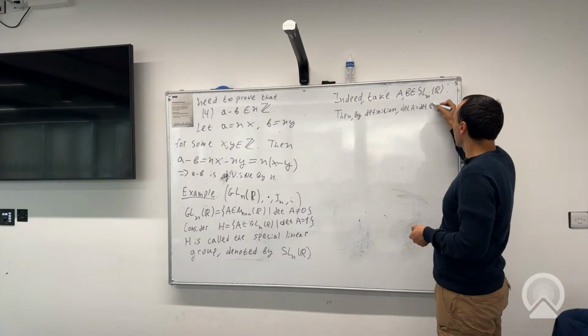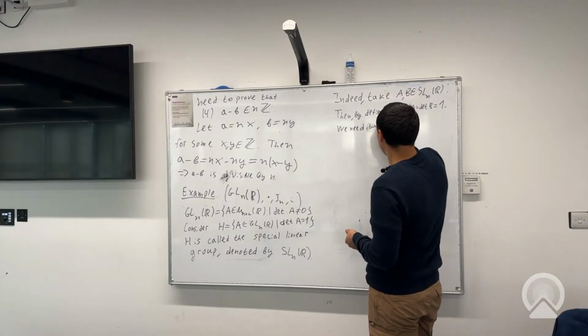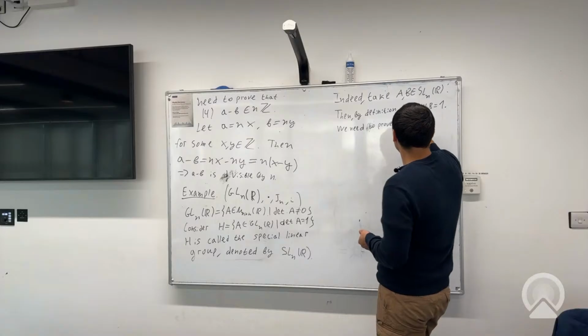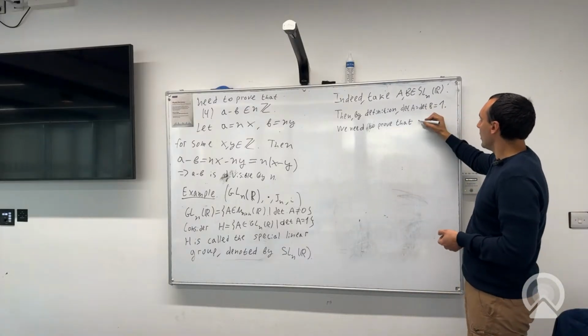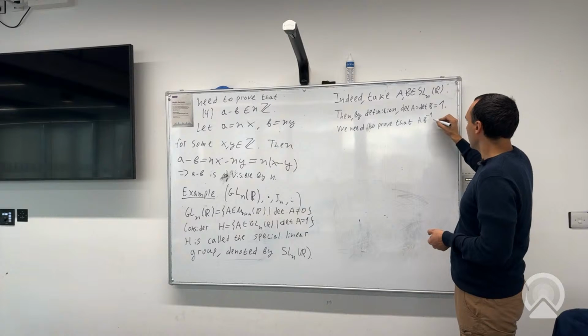We need to prove that A times B to the minus 1 is also there.